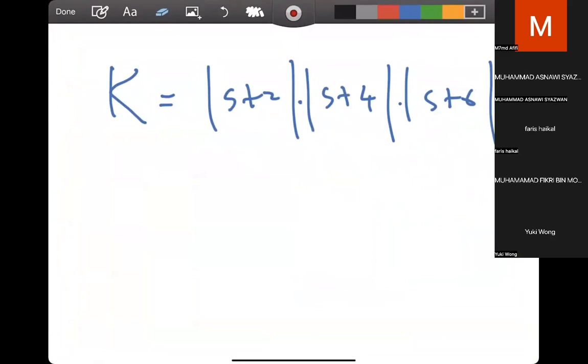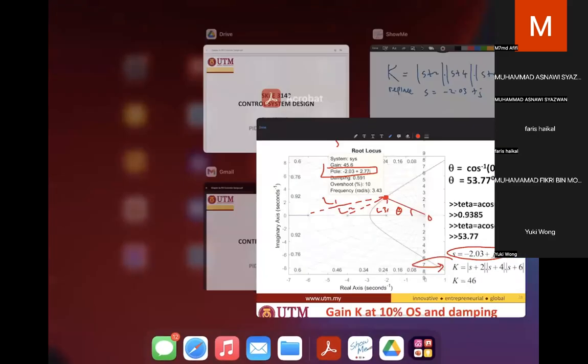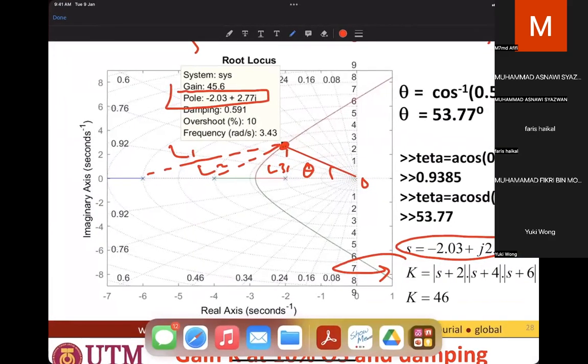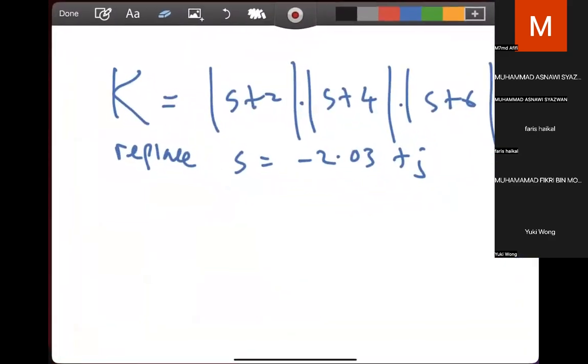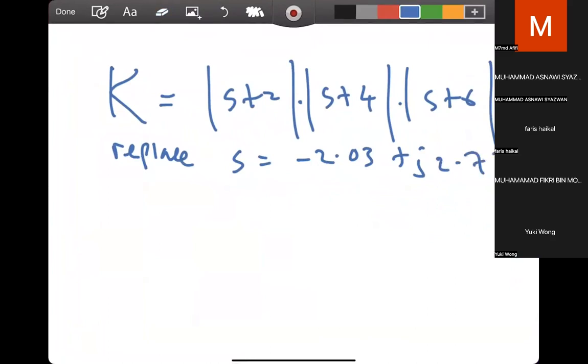So replace S with minus 2.03 plus J 2.77. Okay, so what is this symbol? Guys, what is that symbol?